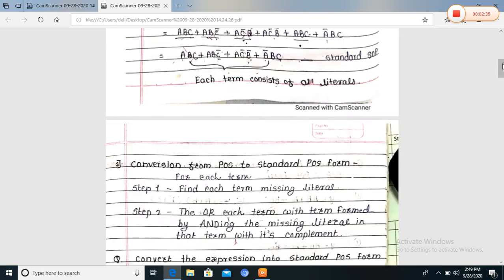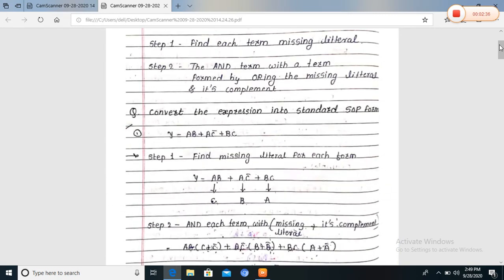Now the second step: AND each term with the missing literal ORed with its complement. ORing means the plus sign, and its complement means the missing literal's complement.